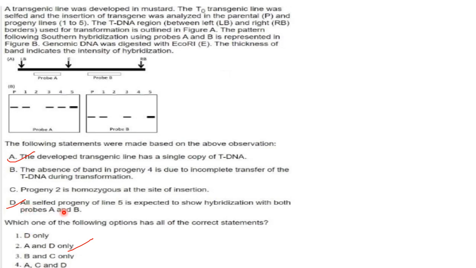Then, all selfed progeny of line 5 is expected to show hybridization with both probes A and B. Yes, line 5 has a thicker band for probe A and probe B. So when you self 5, it will show hybridization with both probes A and B. So D is correct.